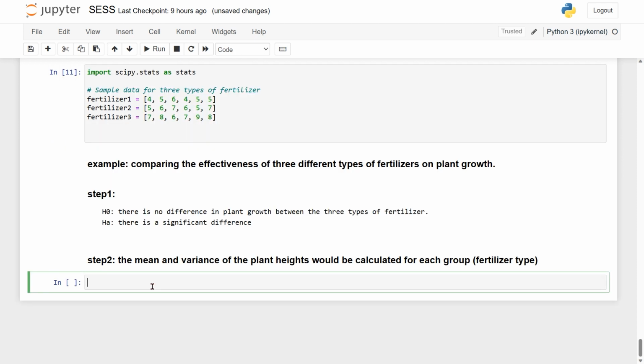Then let's calculate the most important parameters. Step 3: the between group variance, SSB, that's between the groups, and SSW, that is within the groups.